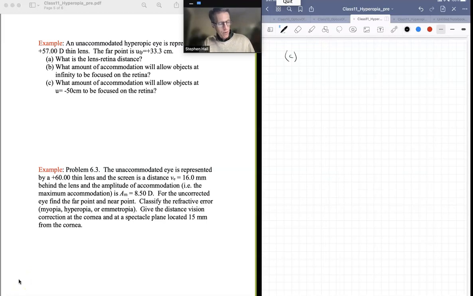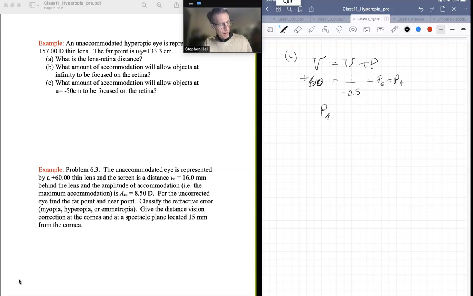Okay, and part C, what accommodation do we need to see objects at 50 centimeters in front of the eye? So again, we can apply V equals U plus P, and now we're using a U of minus 0.5, and the P again is the P of the eye plus P accommodating, and V was that plus 60 that we had before.